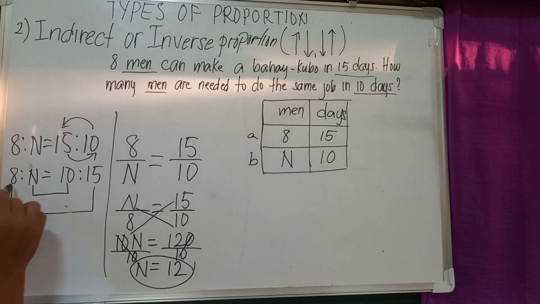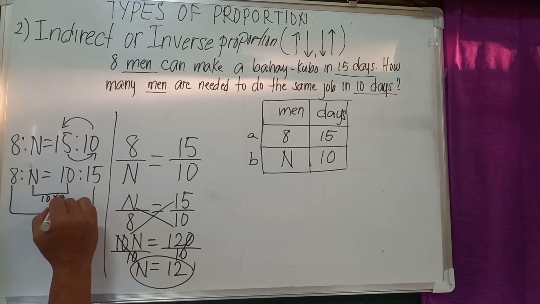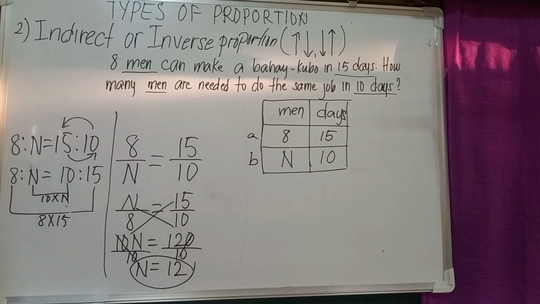So isahin natin, 8 times 15. This one, n times 10 or 10 times n. Okay? Let's solve for the missing number or for the number of men.